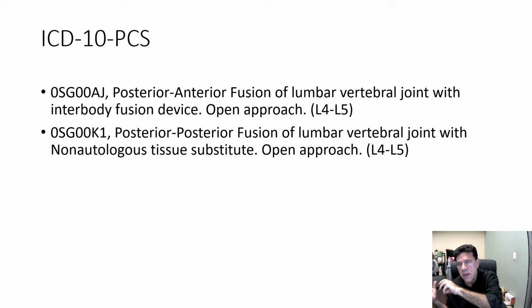They took the bone graft, demineralized bone graft from the bank, and they performed the fusion posteriorly for this patient with bone graft, no bone from the patient, from the bank. All right. So you have posterior fusion of lumbar vertebral joint with non-autologous, same as allograft, tissue substitute. Open approach, they open the patient posteriorly, lumbar 4, lumbar 5.